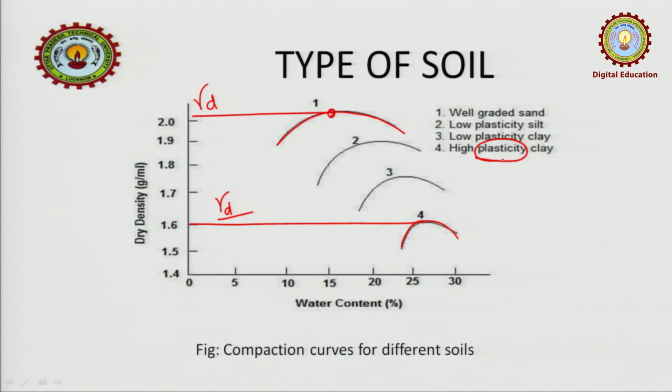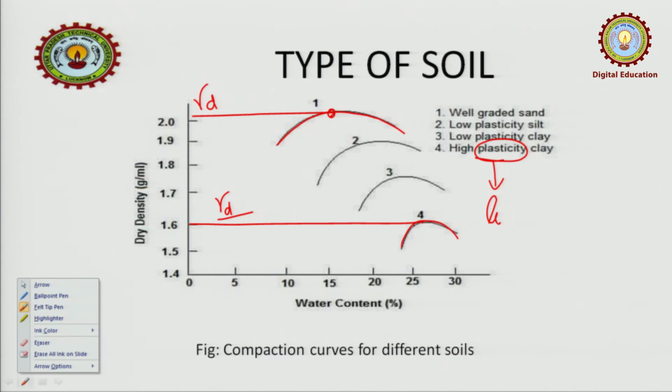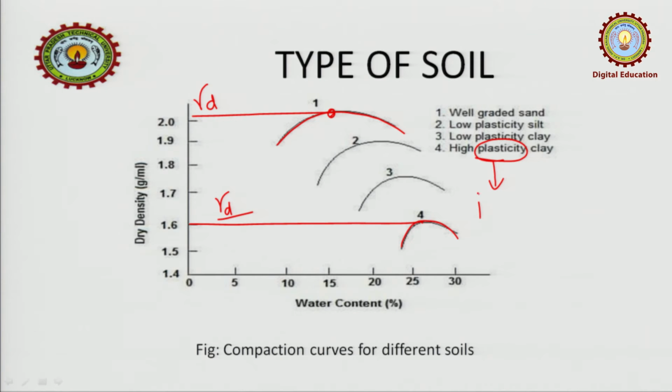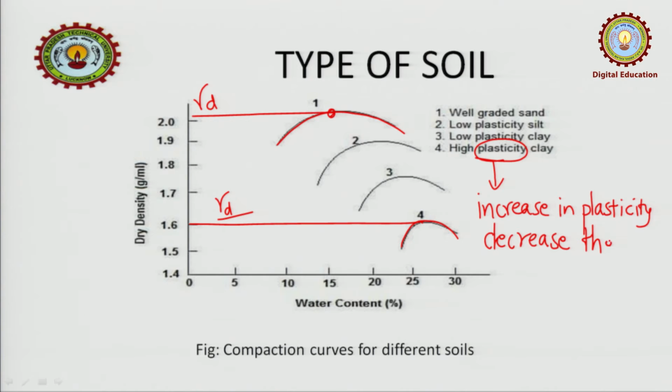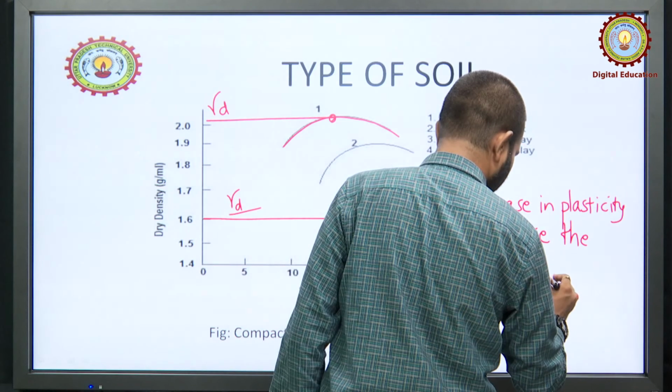If plasticity increases, what will this do? Decrease the gamma d max, or maximum dry density.